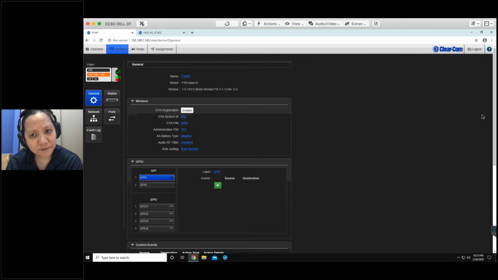You can find that in the newer versions of firmware that are about to come out, in the menu. But for now, it's still admin. It will change though.